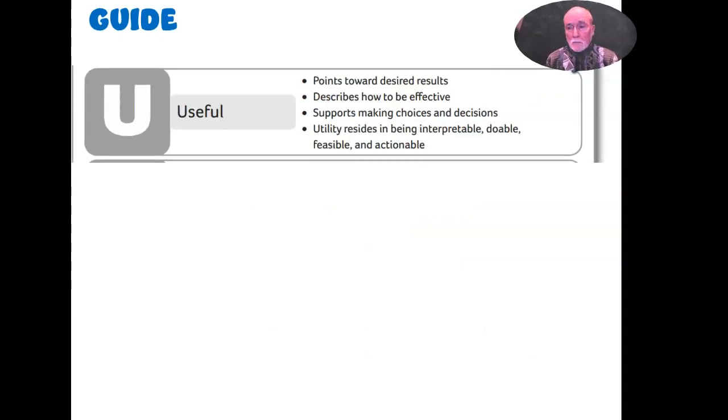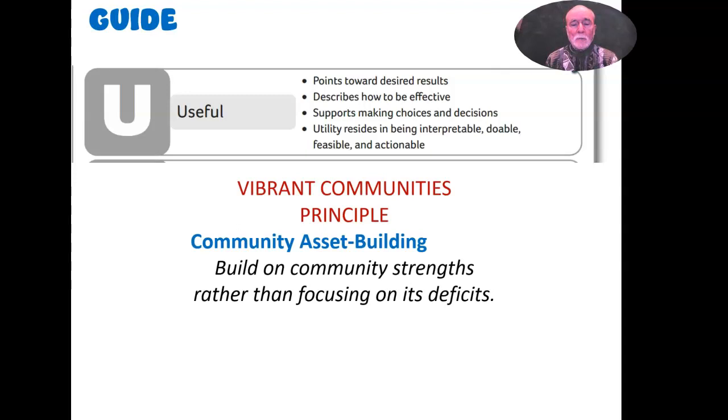The second letter, U, is for useful. It's useful if a principle points toward desired results. It's not just process, it's also results. So it's describing how to be effective. It can be used in making choices and decision making. And utility resides in being interpretable, doable, feasible, and actionable. So, again, community asset building. Build on community strengths rather than focusing on its deficits.